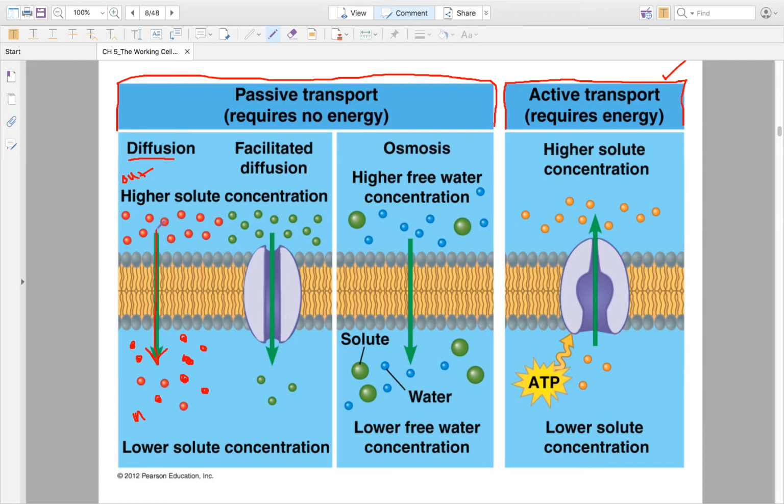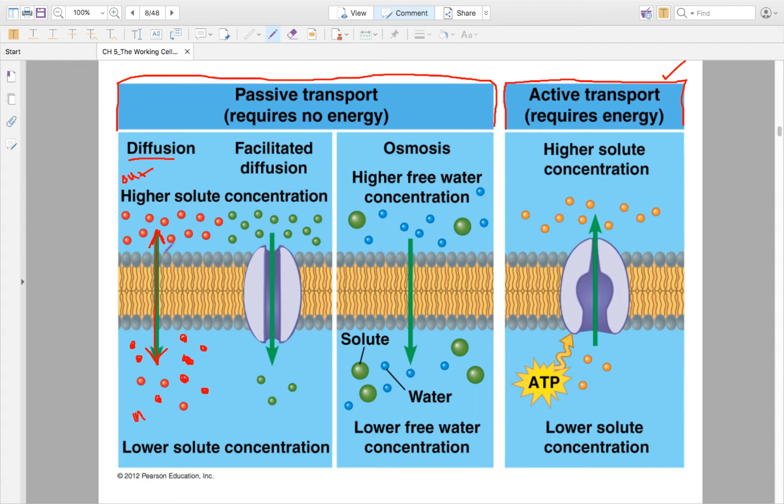Now they're equal. Now they're at equilibrium. That is how diffusion works. I'm going to show you some videos to better explain this and show an animation, but essentially that is the point.